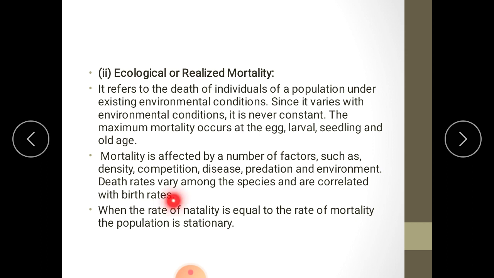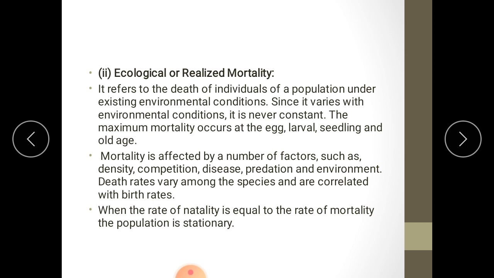So death rates vary among the species and are correlated with birth rates. When the rate of natality is equal to the rate of mortality, the population is stationary. When birth rate is equal to the death rate, then the population is at a static condition. It is stationary.